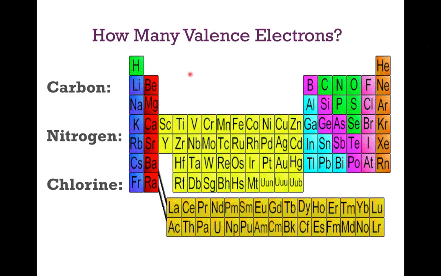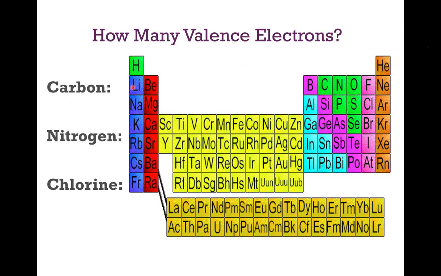To find the valence electrons, you were taught this in middle school, but it's very easy to get. If we have carbon right here, it is the number of electrons in the outermost shell. We start a new shell at each row on the periodic table, so that's simply the number of elements it is over.